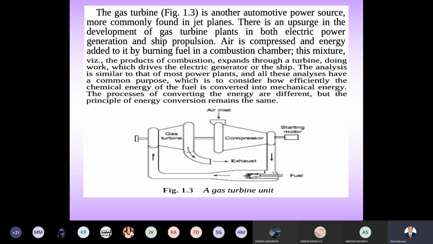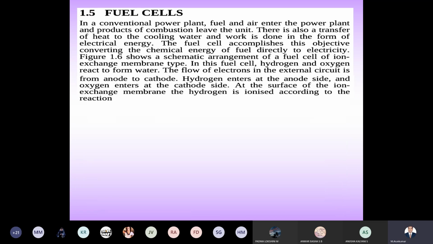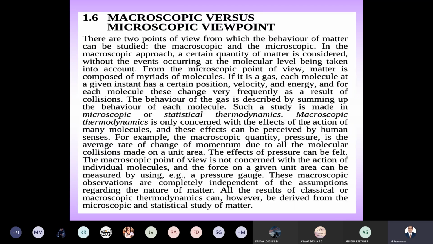So we will discuss power consuming and power producing plants where we are using thermodynamics principles. We started with macroscopic versus microscopic viewpoint. In chemical thermodynamics, they go with the microscopic viewpoint, but in general mechanical thermodynamics, we use the macroscopic viewpoint.